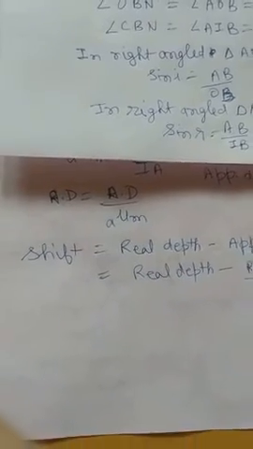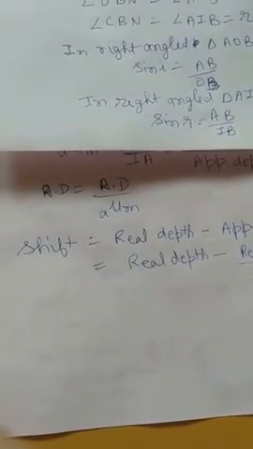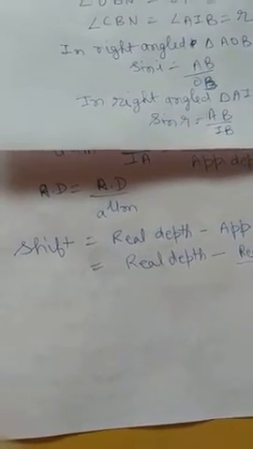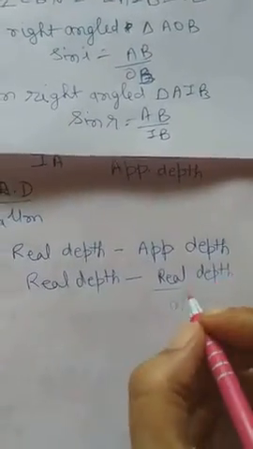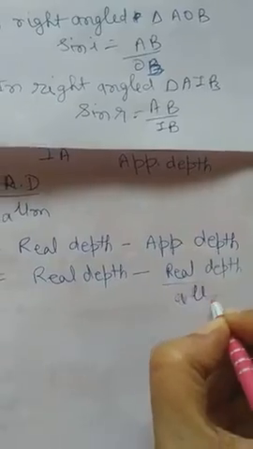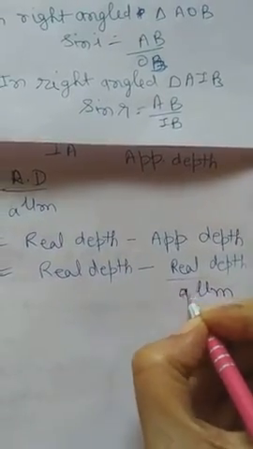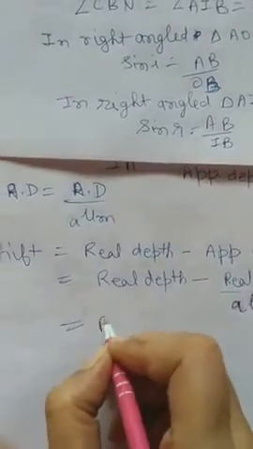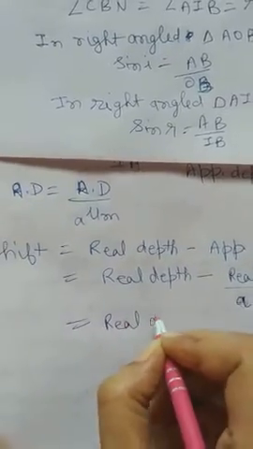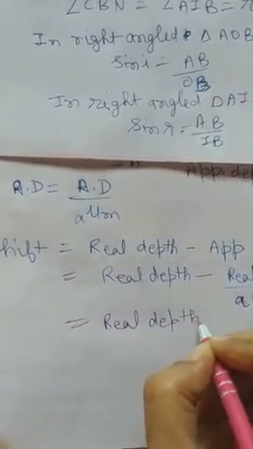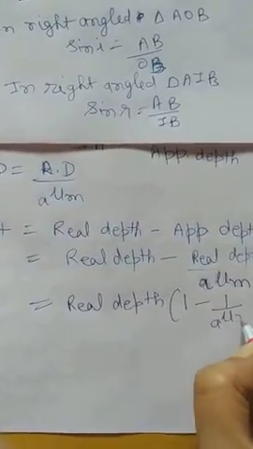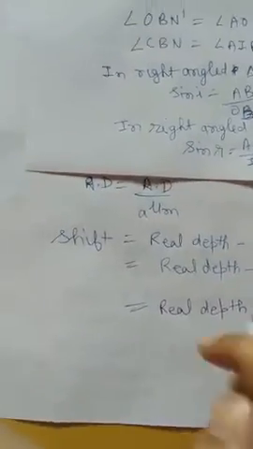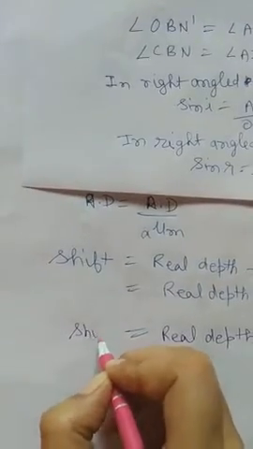See, my ink is over in this pen. So in this case, this will become real depth by A mu M. So we take real depth common, and this will become real depth times 1 minus 1 upon A mu M. So this is equal to your shift.